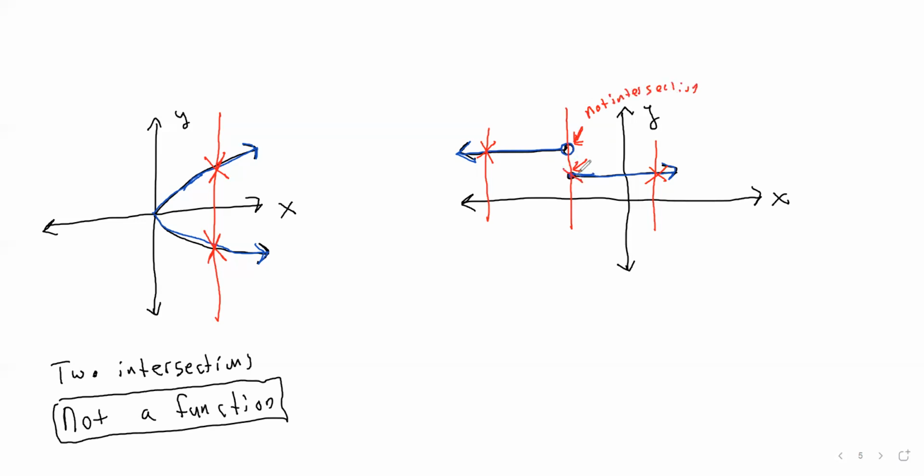The bottom one is. So this line only has one intersection point. So you can now see that every vertical line in this graph intersects only one time. So only one intersection for every vertical line. So what this means is that this graph passes the vertical line test, and it is a function.